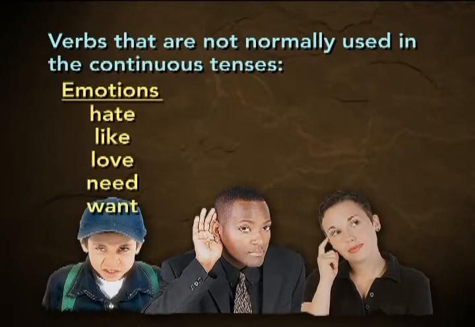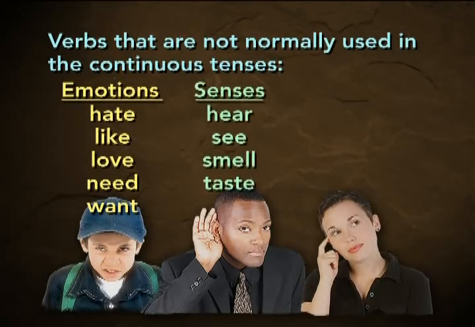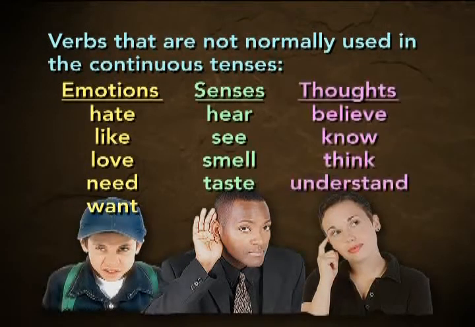So you've got emotions, like hate, like, love, need, want. And then you have verbs of senses, like hear, see, smell, taste. And then you have verbs of, let's say, thoughts. So believe, know, think, understand.